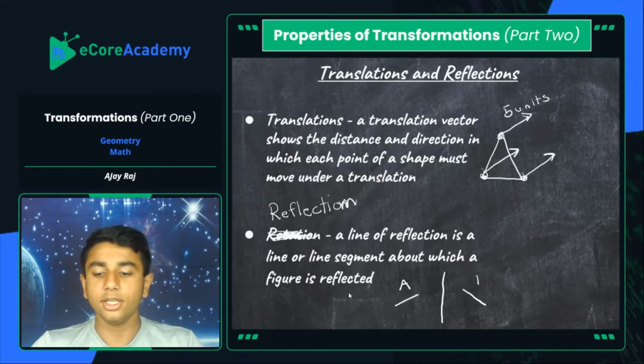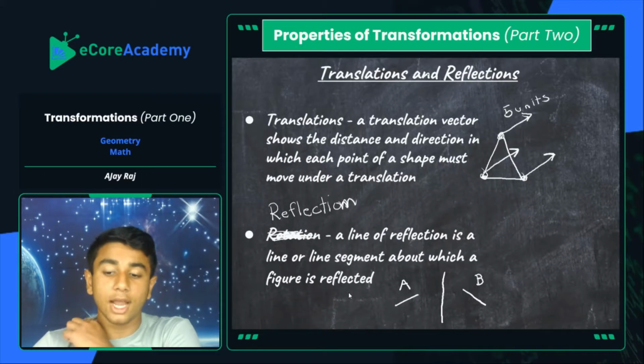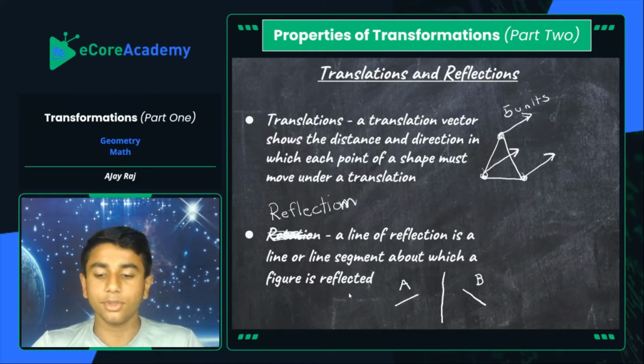So this is line B, and it's a direct reflection, and we know that because we calculate the distance from the tips of both endpoints of line A, and we're basically just taking the opposite of that distance. So say, for example, this is 5 units between the endpoint of A and the line of reflection. Well, that means that the endpoint of line B to the line of reflection will be -5, or the opposite direction.